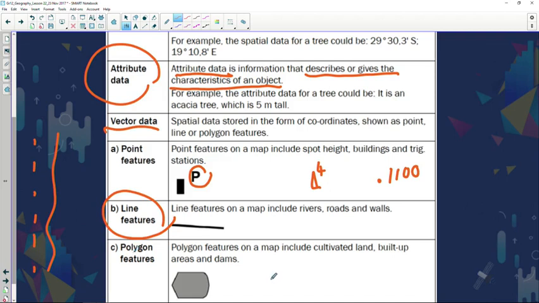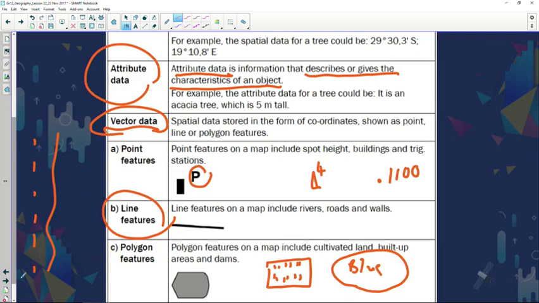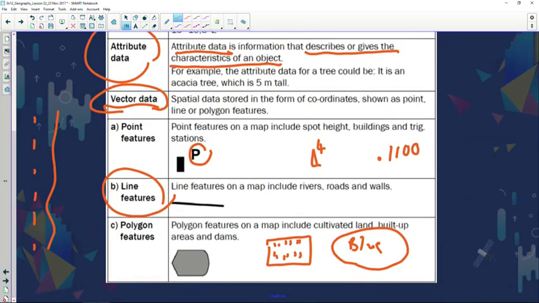If you look at it, built-up areas, there's cultivated land. That's another example of vector data. Or dams, that's blue in color. Okay, so those are the 3 features vector data can represent. Please remember, you need to be able to understand this concept and define it, and be able to identify this concept.